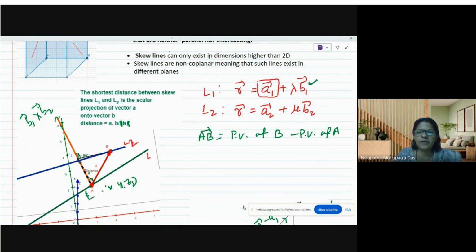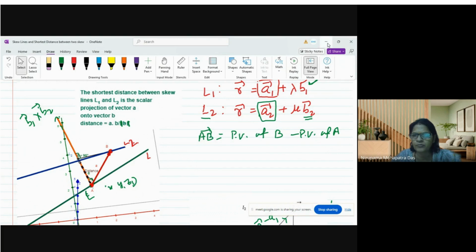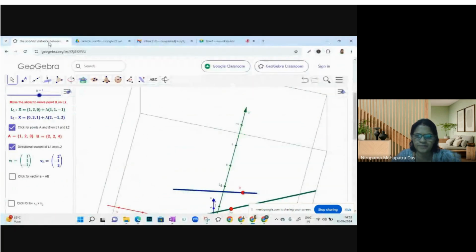Similarly, L2 is the line passing through the point whose position vector is A2 and it is parallel to B2. We can say B1 is the direction vector of L1 and B2 is the direction vector of L2. This you are familiar with; we will come back to this point in a while.